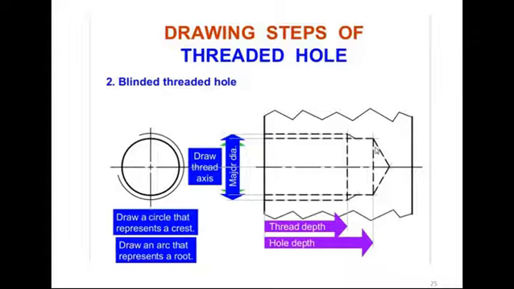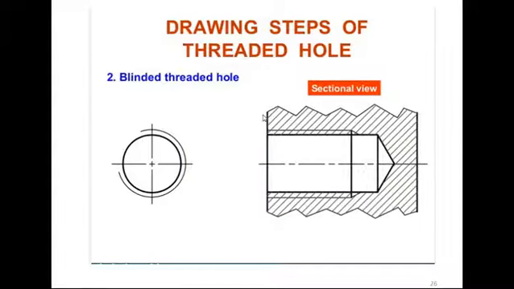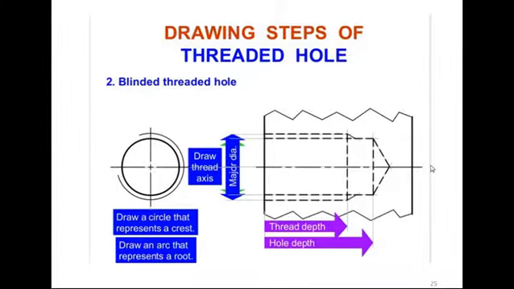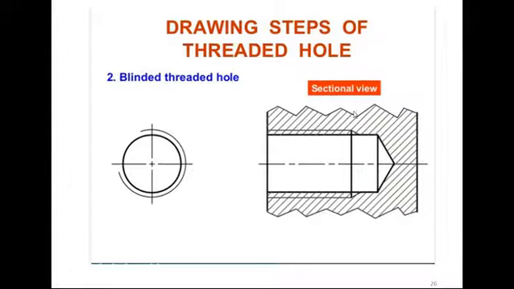This is the inside of the blind threaded hole, so the inside circle is shown as a full circle, and the outside circle as a half circle, or half arc. The remaining portion is shown in section. When we take a sectional view, we show all these things with hatching marks. So this is a sectional view.